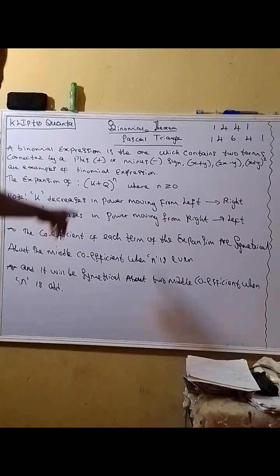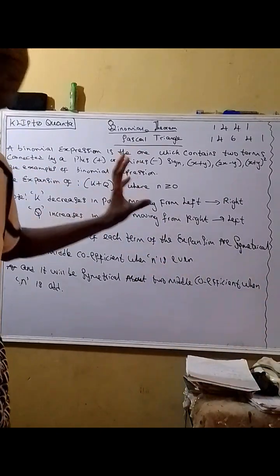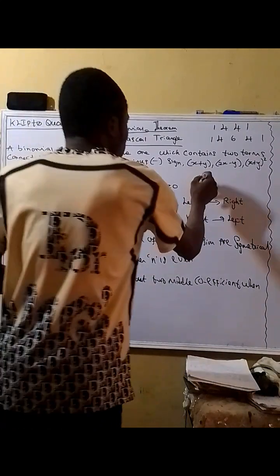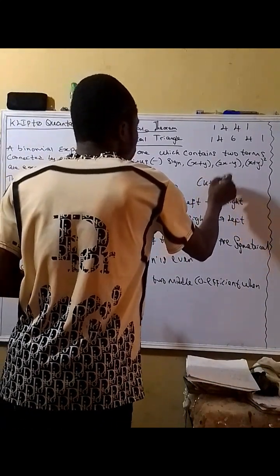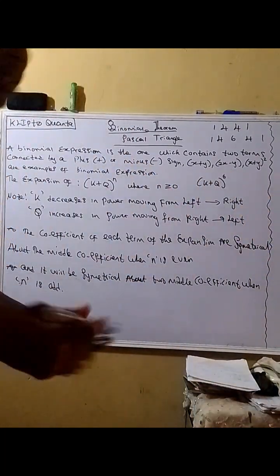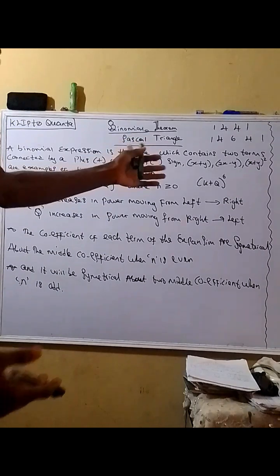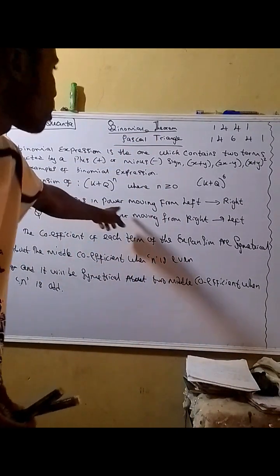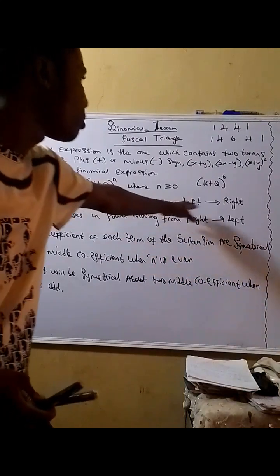The first thing is this power here. When we want to deal with the expansion, let's assume you have been asked to expand k plus q raised to power 6. Then k will decrease in power as it moves from left to right.